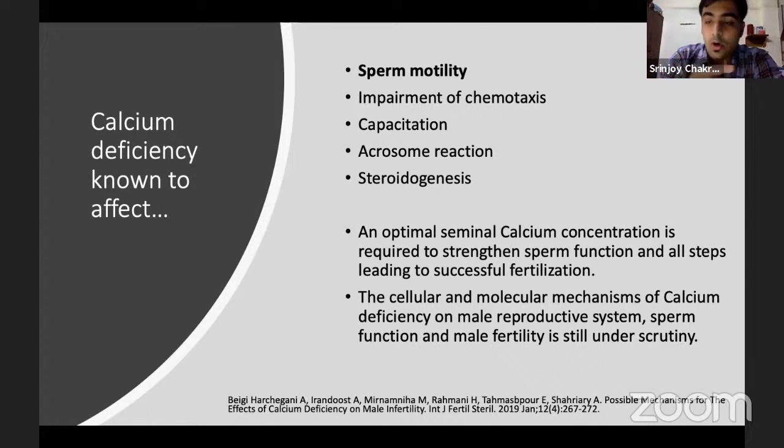So, on the basis of this, we know that an optimal seminal calcium concentration is absolutely essential to strengthen sperm function, which will then lead to successful fertilization. Now, the cellular and molecular mechanisms of how calcium deficiency affects this have to be properly studied, which we will be focusing on.